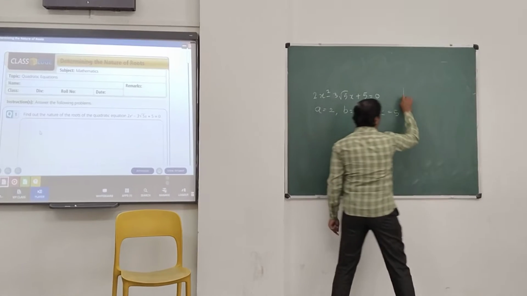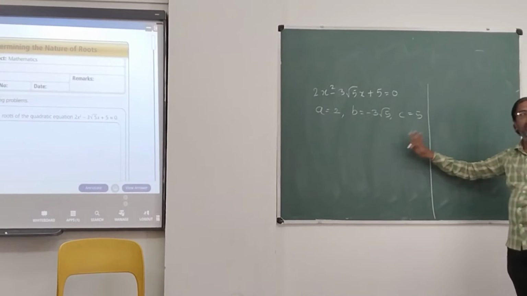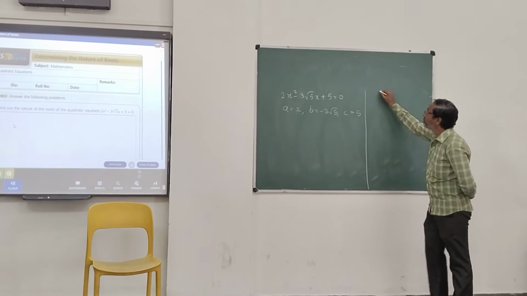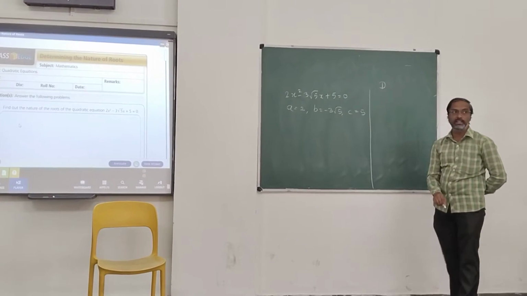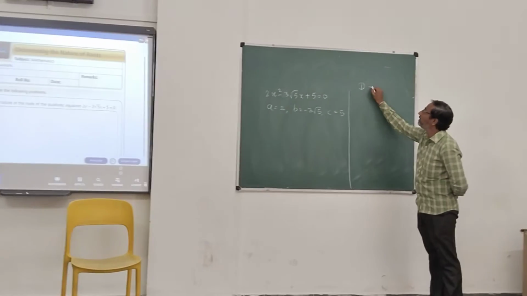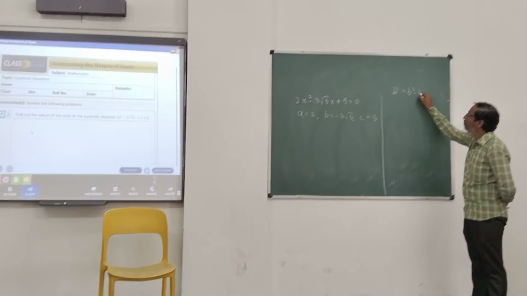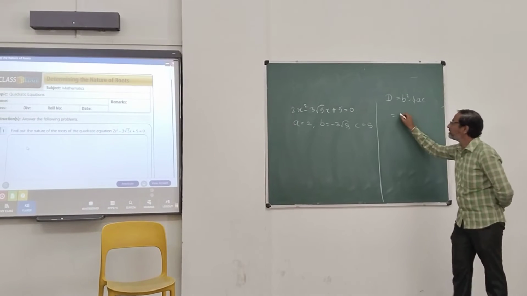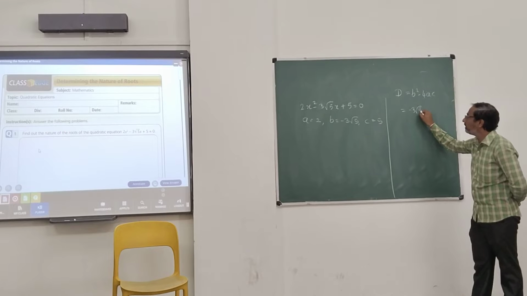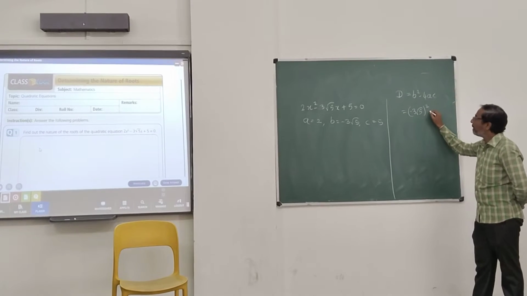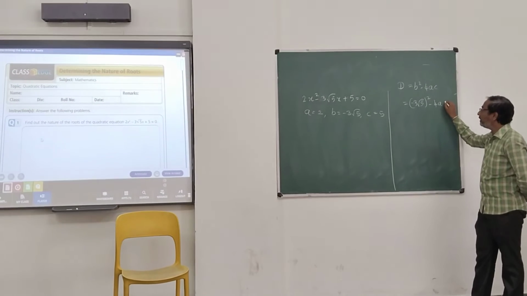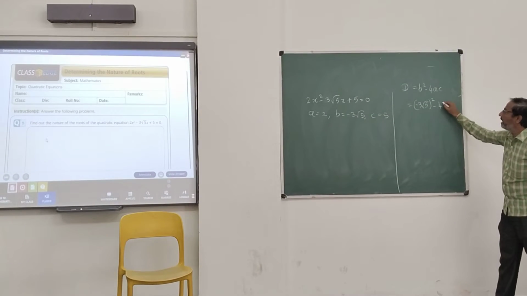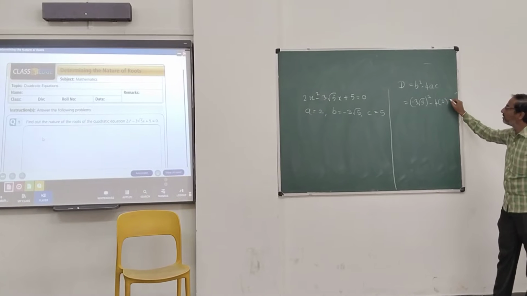We are not finding the roots, we are finding the nature of the roots, and to find the nature of the roots we need to find the discriminant, which is b square minus 4ac. So b square is minus 3 root 5 whole square, minus 4 into a into c, where a is 2 and c is 5.